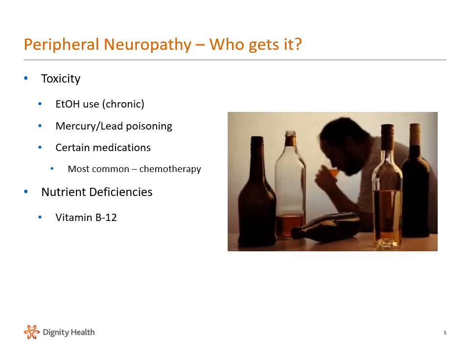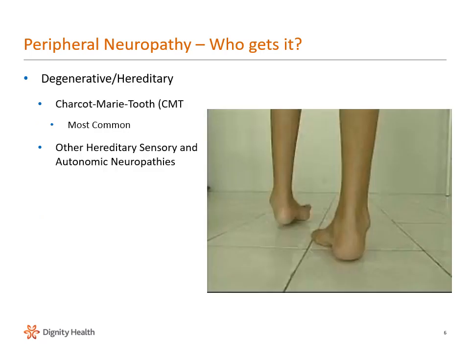The other type of people that can get peripheral neuropathy are people who get it in relation to age, whether the nerves somehow degenerate over time or have a hereditary neurologic condition. And probably the most commonly discussed hereditary neuropathy is Charcot-Marie-Tooth, and in this case, the peripheral nerves get damaged and diseased, and over time, the neuropathy sets in, and it affects certain muscles more than others.